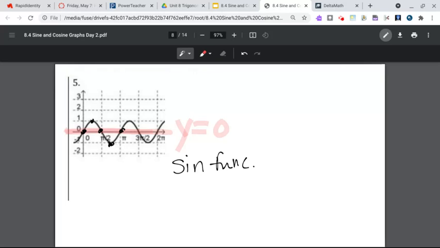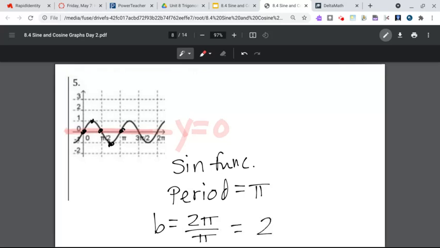One cycle of the graph stops at pi, so its period is pi. So its b value for our equation is 2 pi over pi, because it's 2 pi over the period, which leaves us with just 2. Its amplitude is 1 because it reaches as high as 1 and as low as -1.